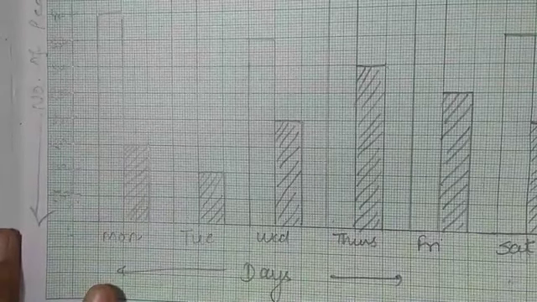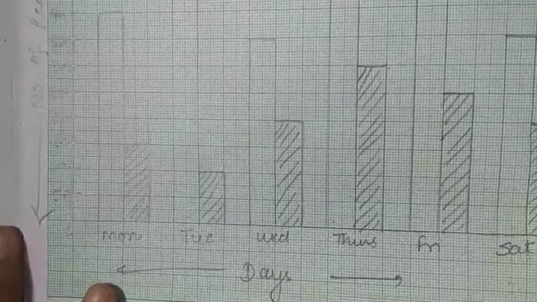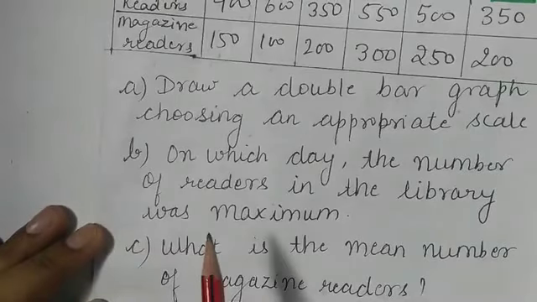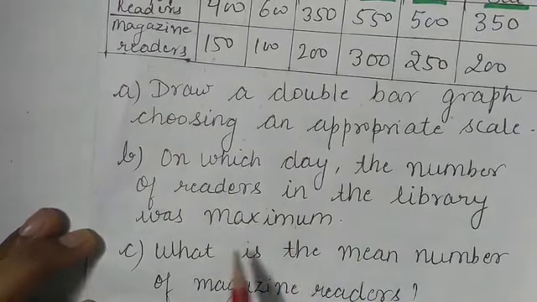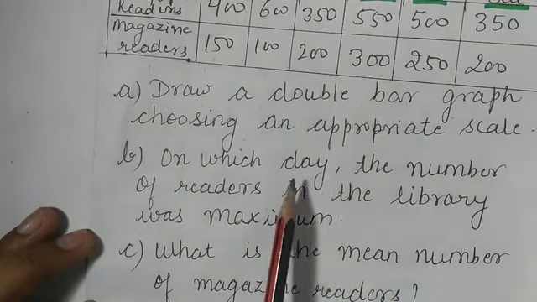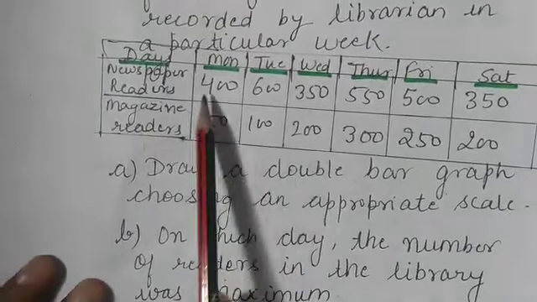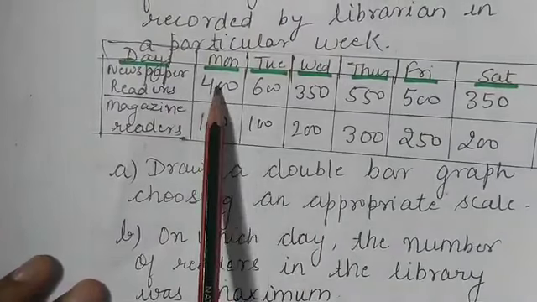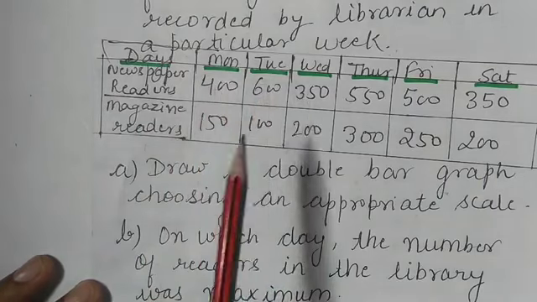Now we have some parts to answer, so let us discuss those. In part B, we have to find on which day the number of readers in the library was maximum. For that I have to add the newspaper readers and magazine readers for every day.